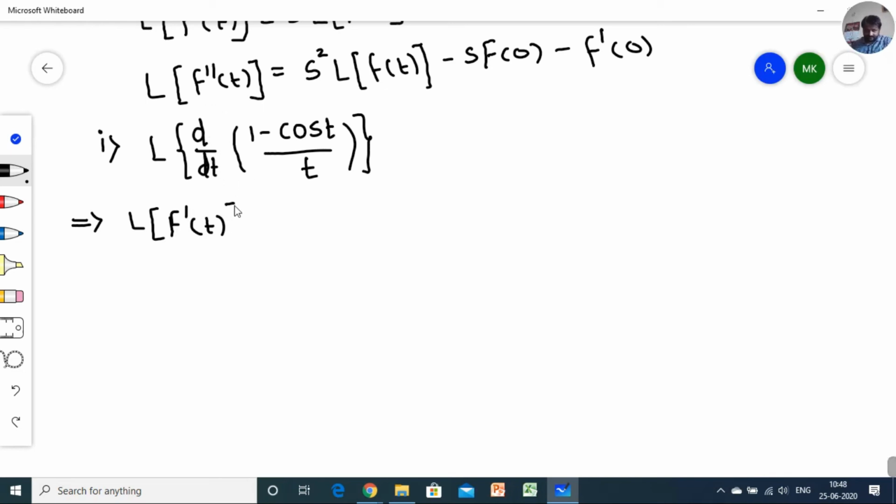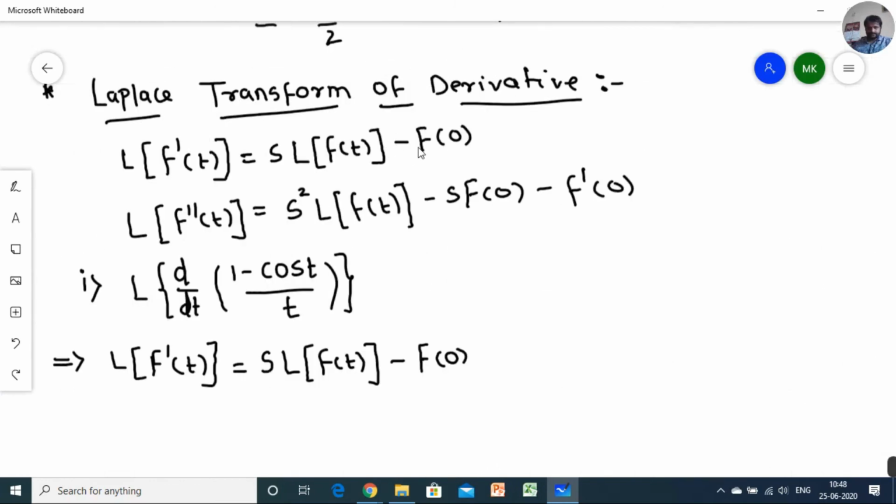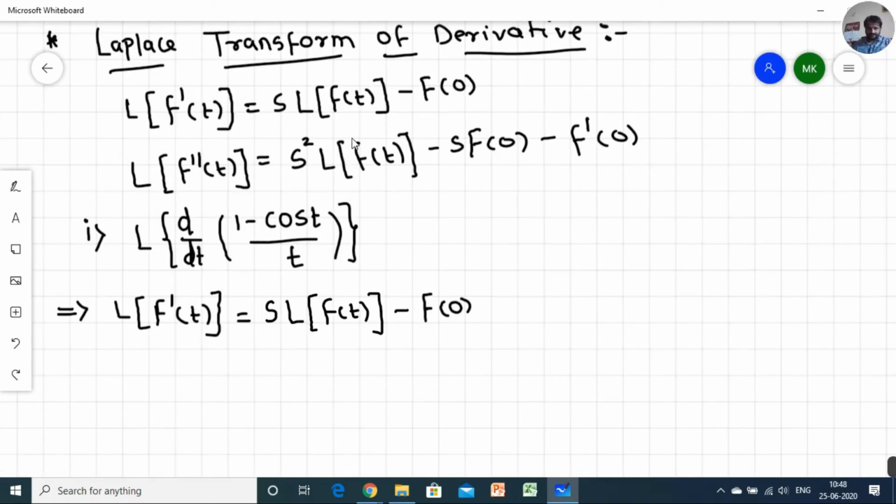Laplace of f dash of t, which is equal to s into Laplace of f of t minus, which is equal to what? f of 0. See, the term is clearly given. That formula I just wrote here, and we have to utilize it here.